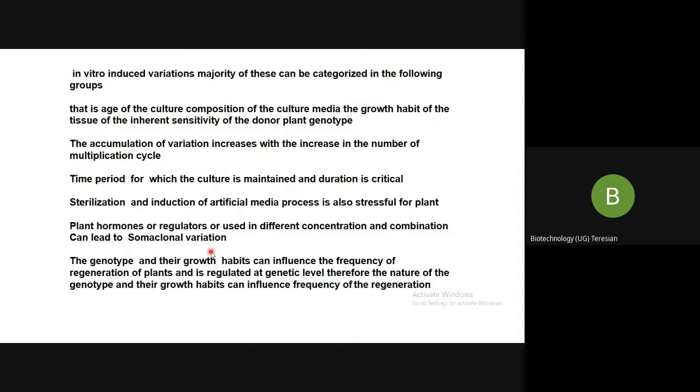Above all, the growth regulators can have a significant impact on the introduction of somaclonal variation. The potential of growth hormones or growth regulators may vary among different plant species. So the age, the culture, the media, everything can lead to a source of variation.